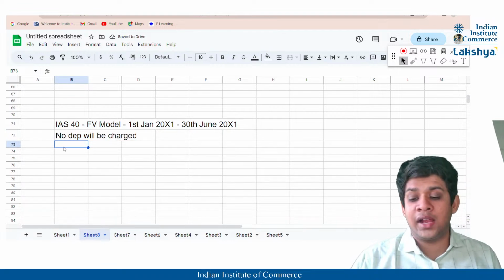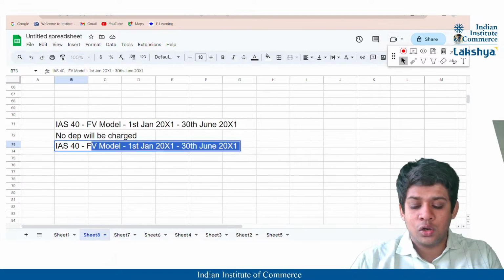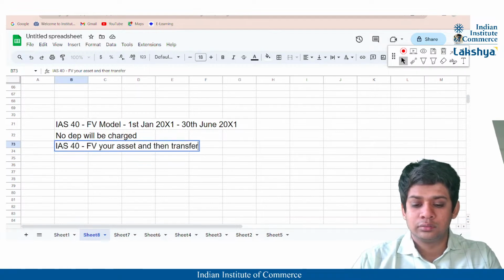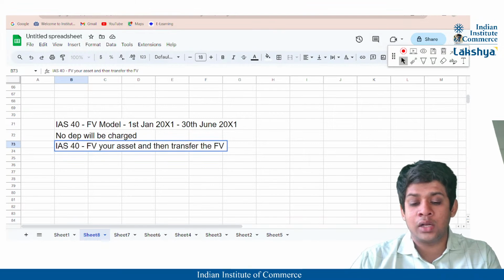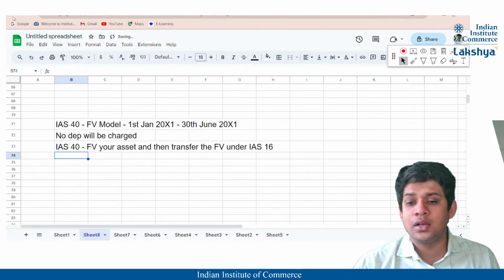And on 1st July, it was transferred. So before transferring, under IAS 40 you're going to fair value your asset and then transfer the fair value under IAS 16.